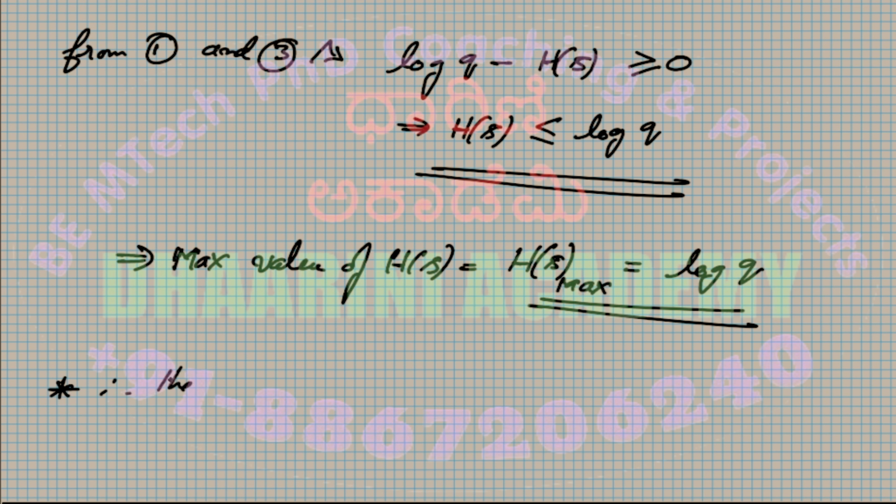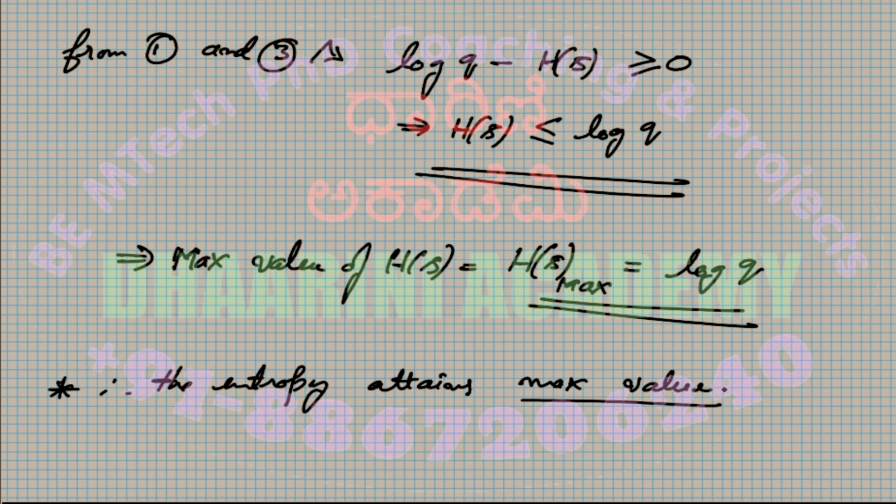Therefore, the entropy attains maximum value, I'll underline this, when the source symbols are equiprobable.